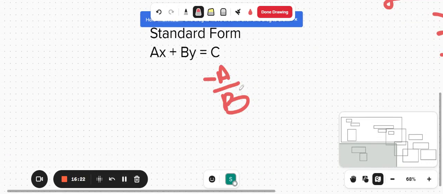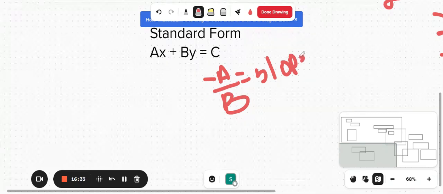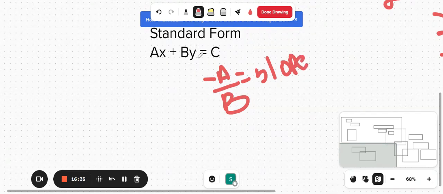And I apologize for my handwriting, but with this you can find the slope. The good thing about the standard form is you can find the y-intercept and the x-intercept with simple formulas. You don't even have to shift it around.